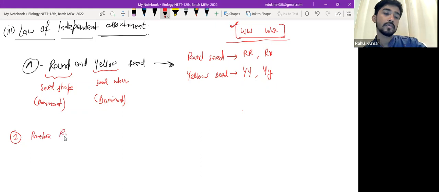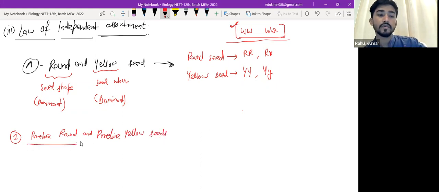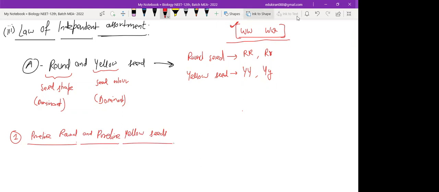Pure line round and pure line yellow seeds. What will be the genotype? It will be capital R and capital Y, right?